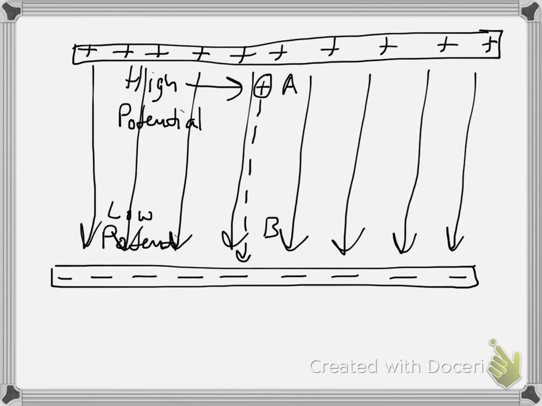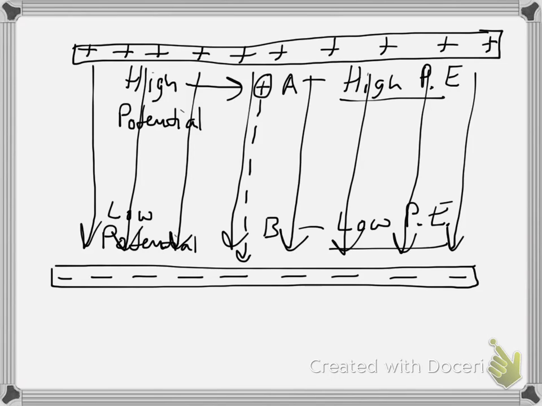Another way of thinking of that is that point A has high potential energy, and B has low potential energy. This is basically the same thing as the box that we lifted up in the previous video and let fall. If you lift up the box, you're increasing its gravitational potential energy, and once you let it fall, it's going to release all that gravitational potential energy. So here it's going to have high PE, and down at point B, it's going to have low PE.